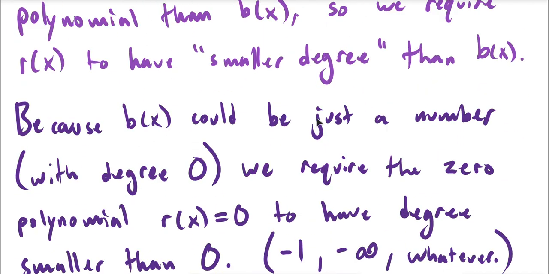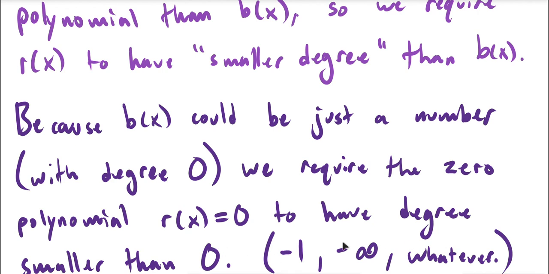And also, our divisors are allowed to be numbers. These numbers have degree 0 if they're not 0. And so when we want to say I want the remainder to be 0, it can't have degree 0, because a number also has degree 0. And we just said we need the remainder to be strictly less than the degree of the divisor. This is why remainders have to have degrees smaller than 0.